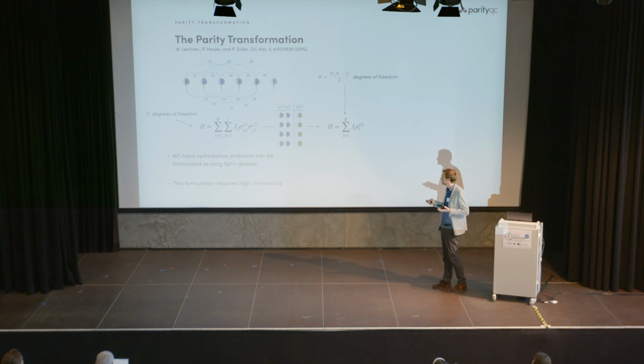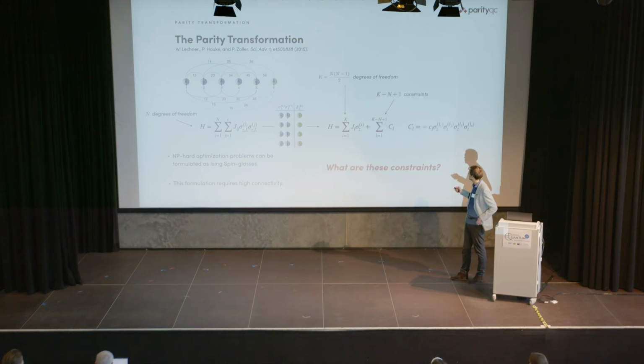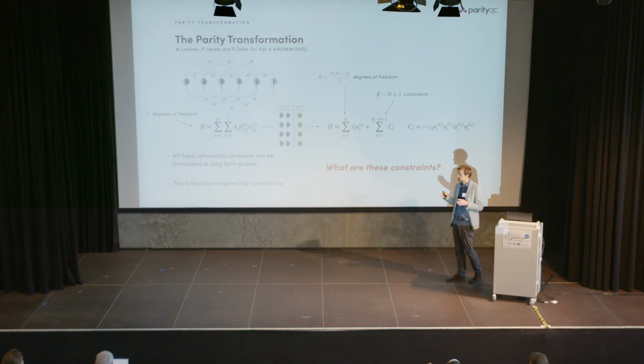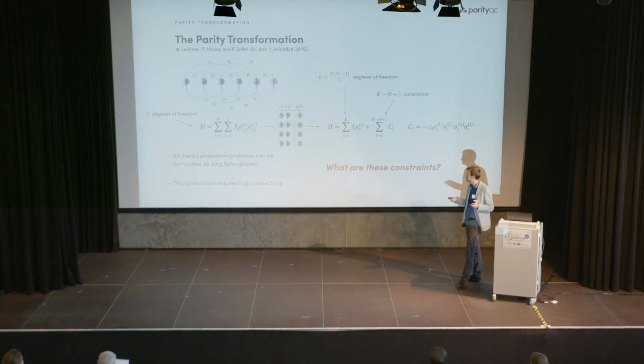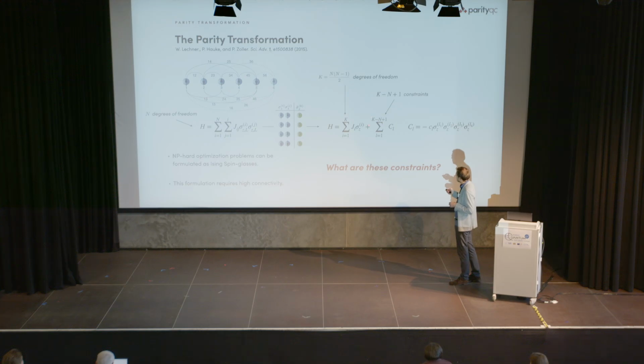So obviously there's a mismatch between degrees of freedom, and in order to make this valid, I have to introduce constraints. I have to restrict my space again to the valid space that is physically allowed. And how many of these constraints do I need? Just the number of degrees of freedom that I have to get rid of. So it means k minus n. I have k, I need n, so k minus n constraints.